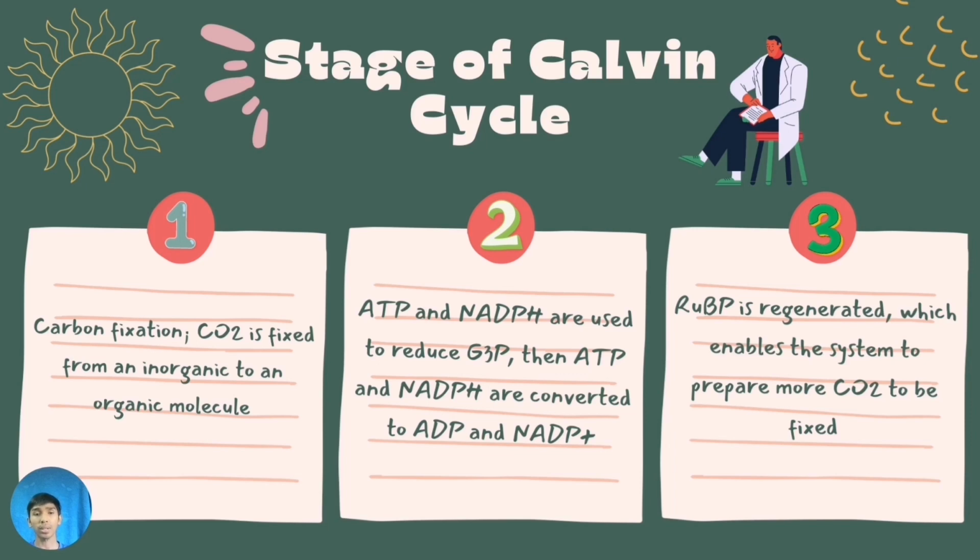The second stage makes the ATP and NADPH be used to reduce G3P. Then the ATP and NADPH are converted to ADP and NADP plus. And the last, the third stage, is RuBP, that is Rubisco, is regenerated back, which enables the system to prepare more carbon dioxide to be fixed.